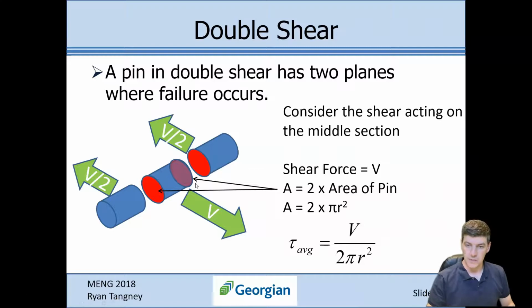I've drawn out this section, and we have the full force going in one direction. On the outer edges of that pin, you would have half the force acting on each end, which combines to make the full force pushing back. And the full force that's pulling on this middle section, if it broke, would break in two places. So we end up with double the amount of area.